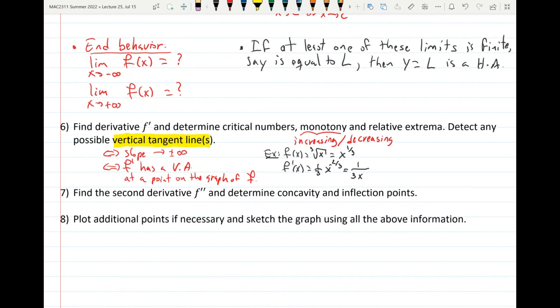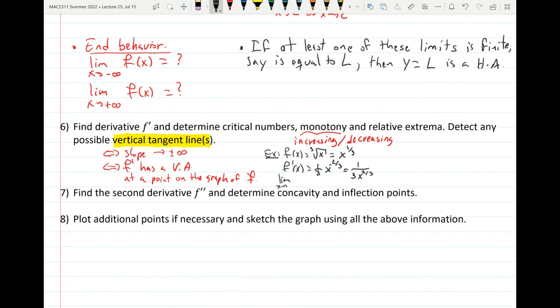So notice that in particular, the function f is defined at 0. However, the derivative is not defined at 0. And notice that if you take the limit as x approaches 0 of the derivative from either side, we're going to get positive infinity because we have 1 over 0, which is infinity.